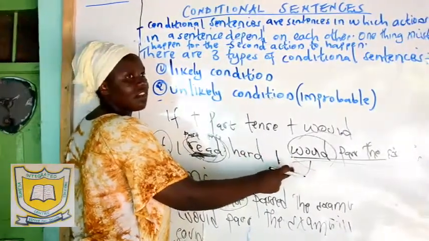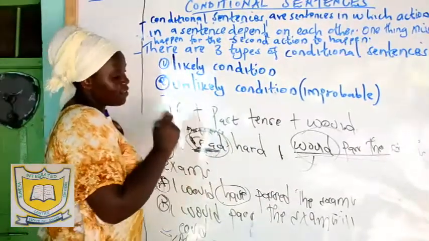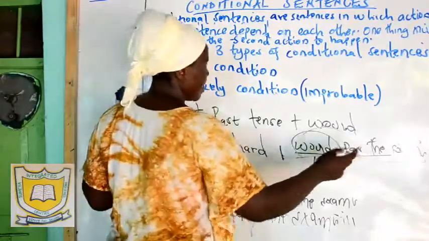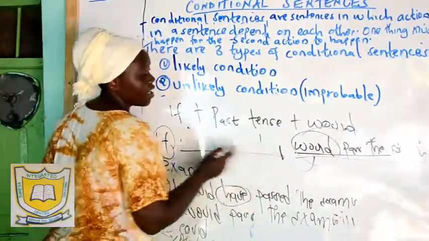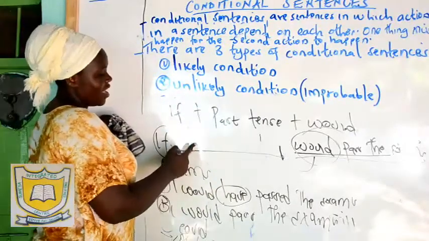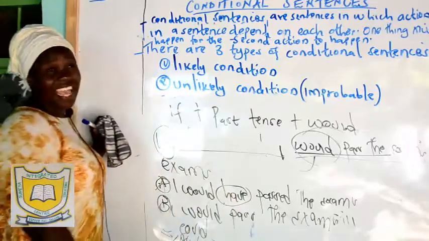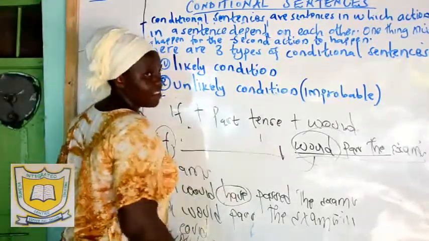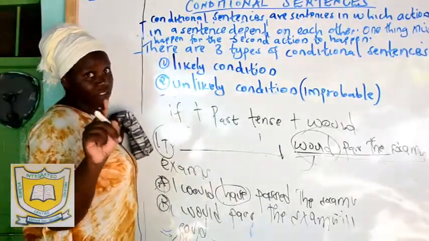If you check these questions in the KCP booster, you will see that if they ask for this completion, for example, they just say, "I will pass the exams," and then they want you to complete from here to begin the sentence. And then if they say, "If I had read hard, I will pass the exam," most people are going to go for "if I had," which is wrong.